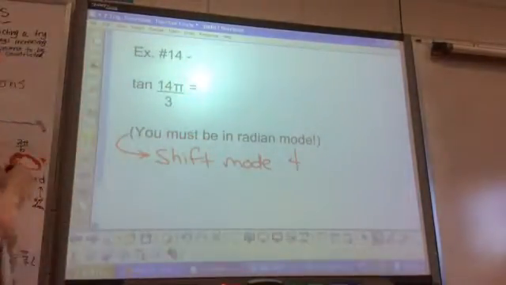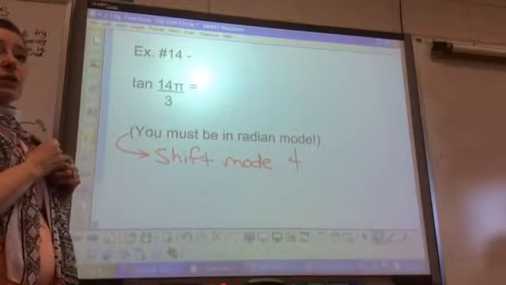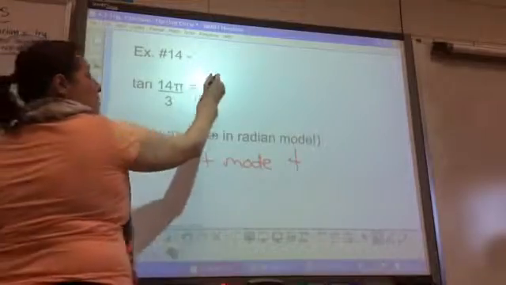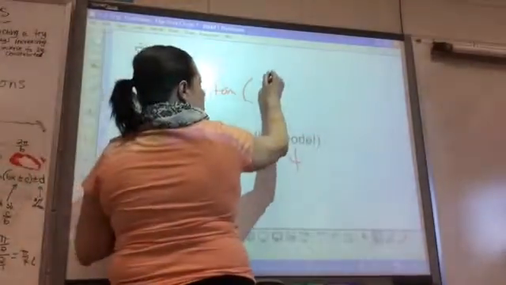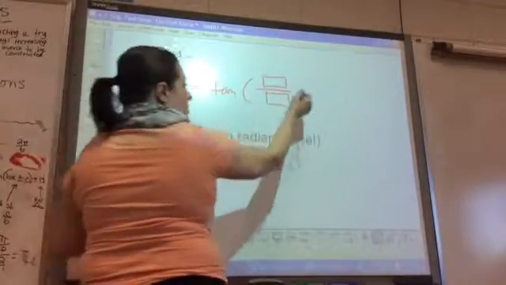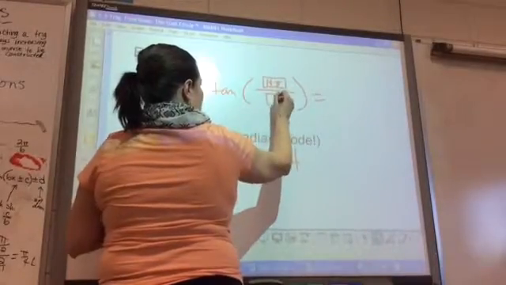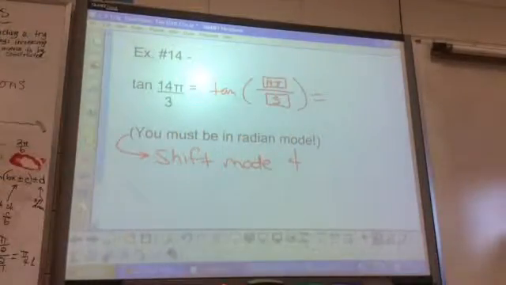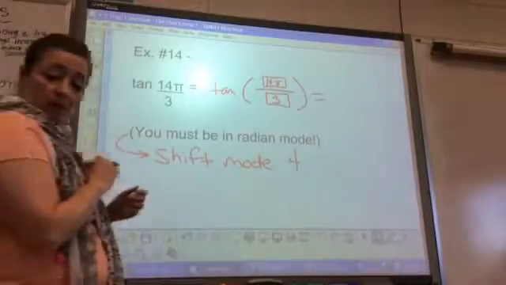So go into radian, shift mode 4, and then you'll type it just like it looks. So if I was typing this one, I would hit tangent, it'd open up the parentheses, and then use the little fraction button and type it in just like it looks. And then round like we did the last one. 4 after the decimal would be good. What'd you get?